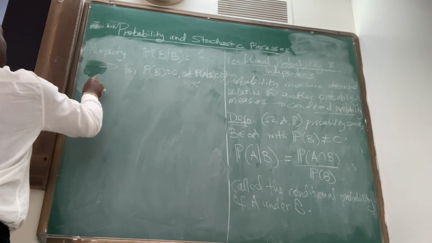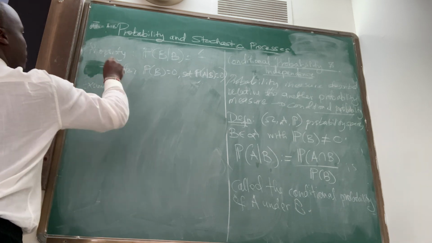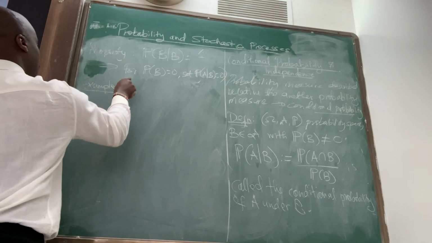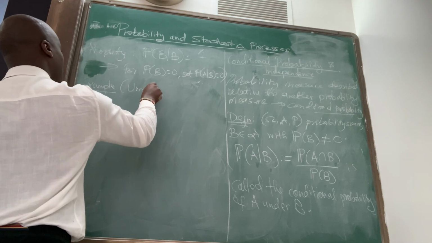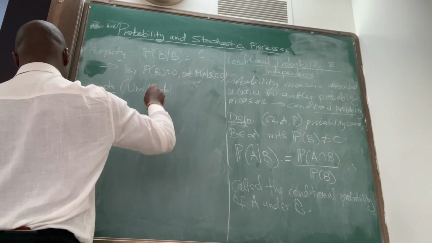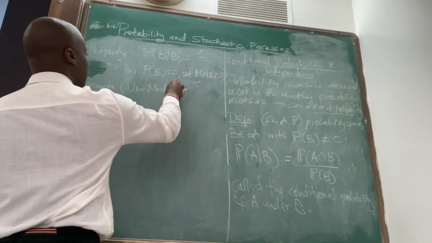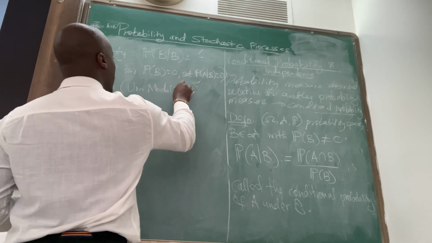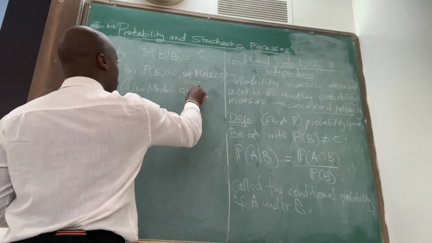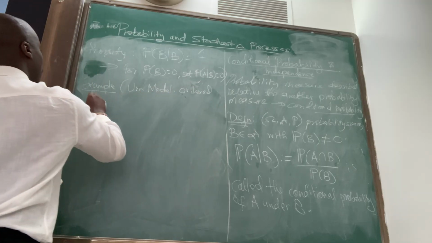Now, I want to give an example before I explain what Bayes' theorem is. So let's look at a model, and we are going to think about it being ordered without replacement.